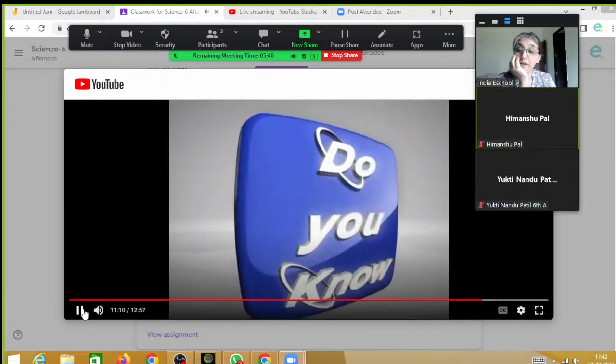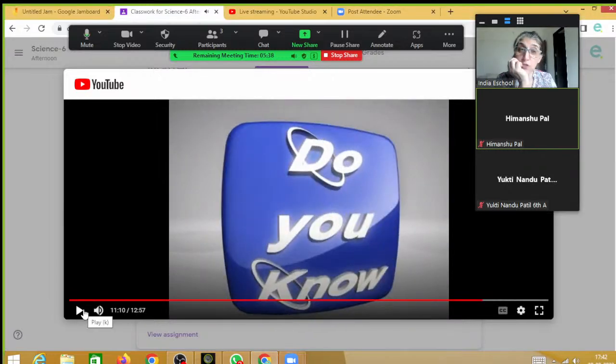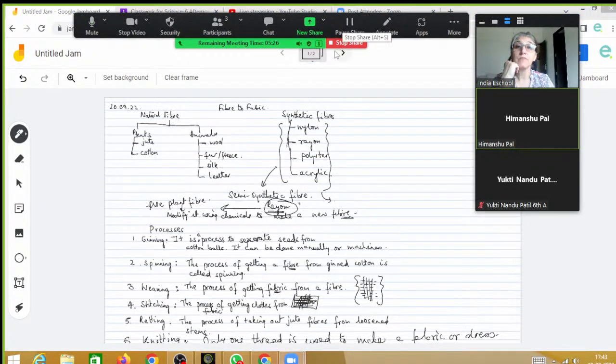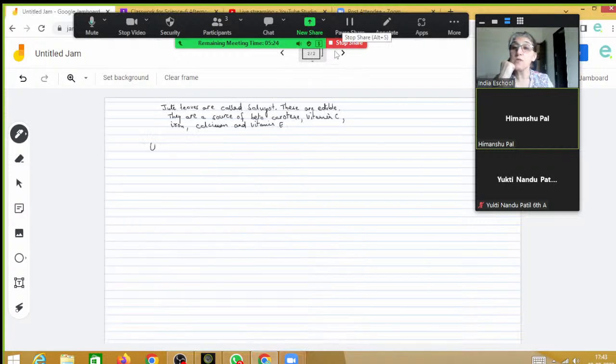Okay. So do you know the uses of jute? Himanshu, can you tell me? Yes, ma'am. What are the uses? I'll write them down as you tell me. We make clothes from jute. Okay, uses of jute.